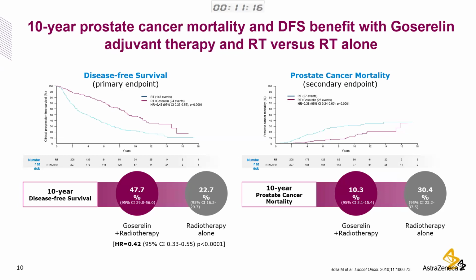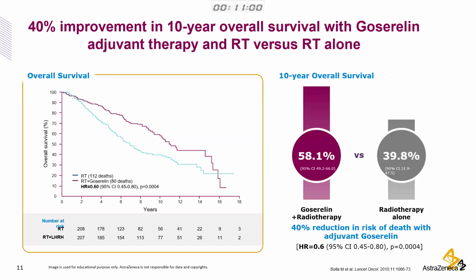The 10-year disease-free survival is significantly improved, HR 0.42, from 22.7 to 47.7%. Prostate cancer mortality was also significantly reduced by around one third. In overall survival, there is a 40% improvement in the 10-year overall survival with adjuvant goserelin versus RT alone.